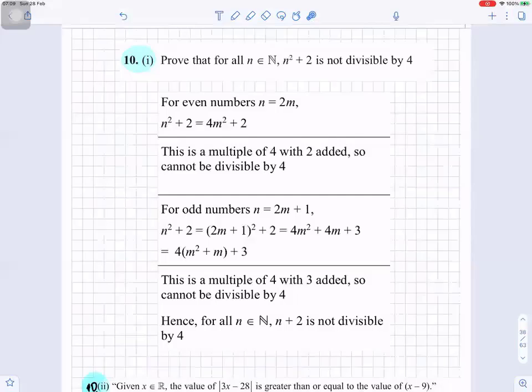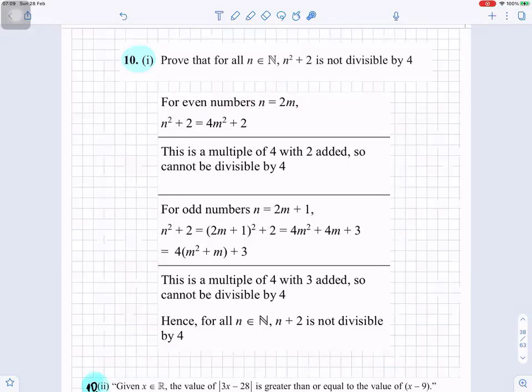So what you're doing is you are using an even number, 2 times something. An even number is a multiple of 2, like 2 times 1, 2 times 2. So you can call it 2m, which is an even number. You put 2m and replace n with it, so it becomes (2m) squared, which is 4m squared.